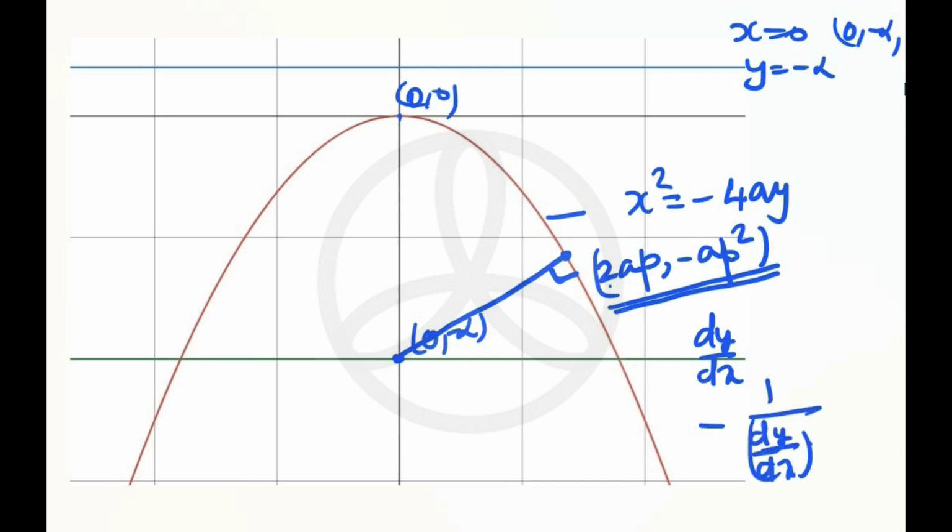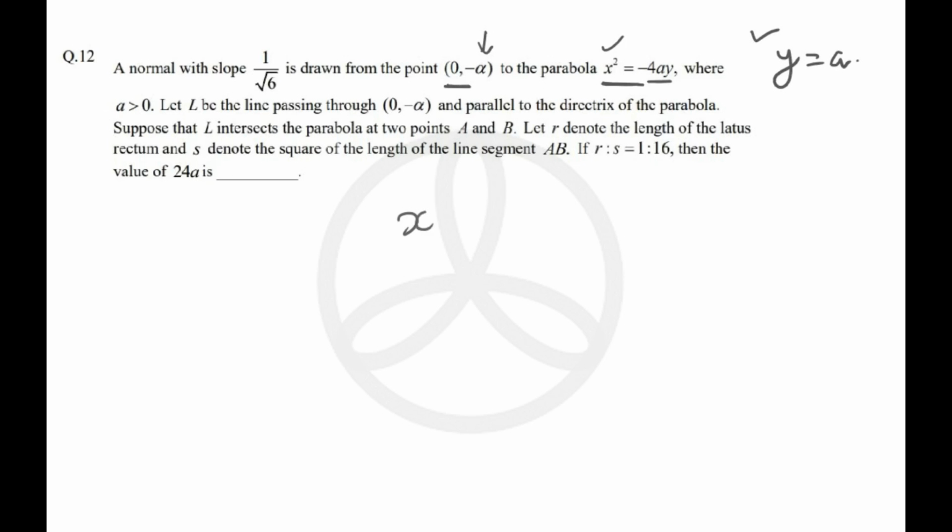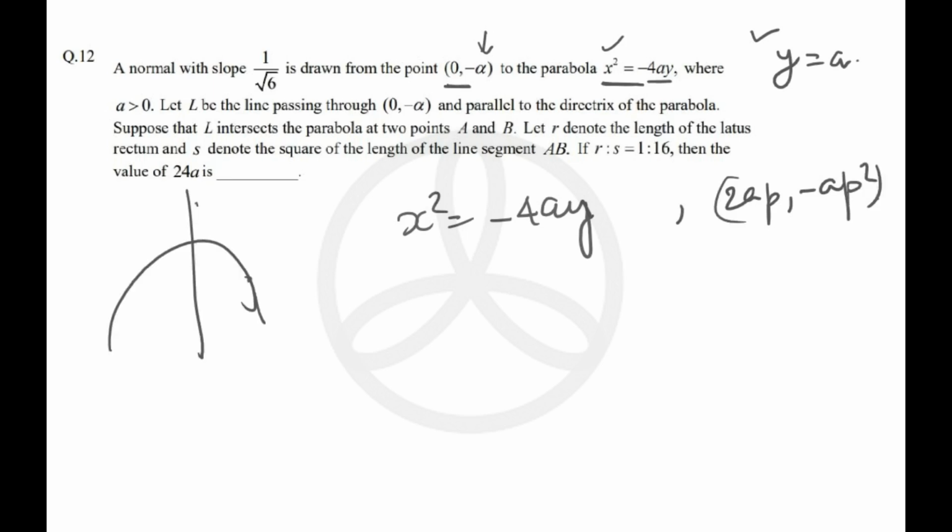So first of all, let us find dy/dx for this. x square is equal to minus 4ay. The point that we have assumed is 2ap, minus ap square, which is on the parabola here.